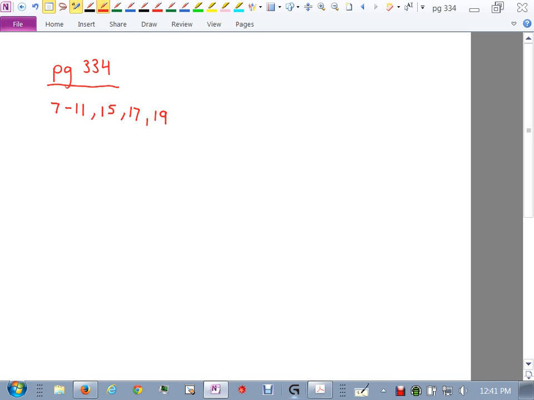All of those you should be able to do because they're all distinct linear factors or at the most repeated linear factors, but none of them are quadratic yet, and that's what we'll talk about next time.